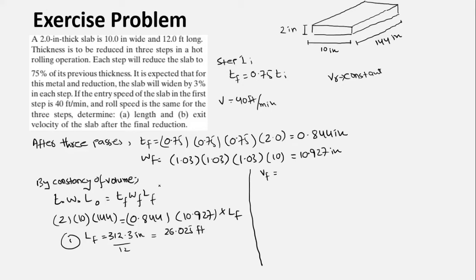So we have VF equals 2 into 10 into 40, that is the initial speed, 40 feet per minute, and this whole divided by 0.75, that is for the first step, reduction in the thickness only to 75%, and the spread in the width.